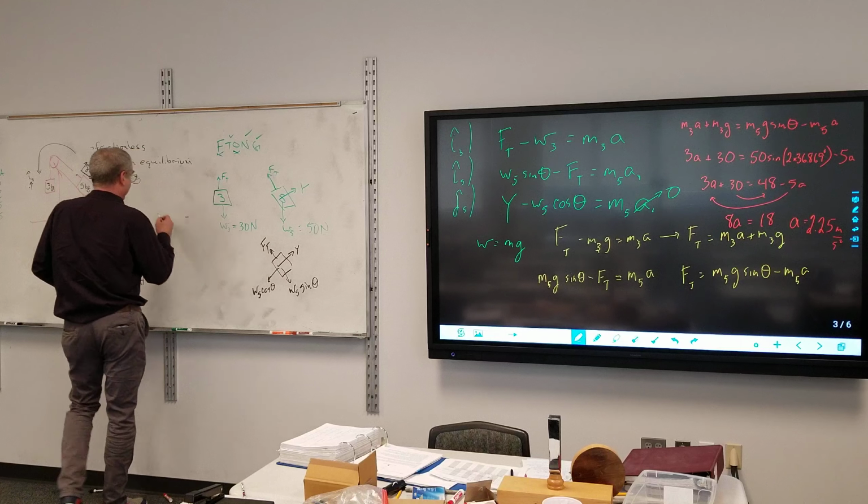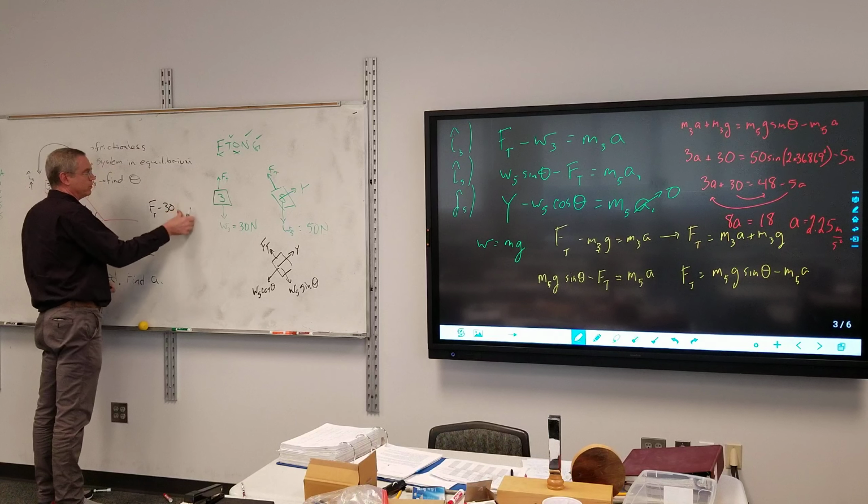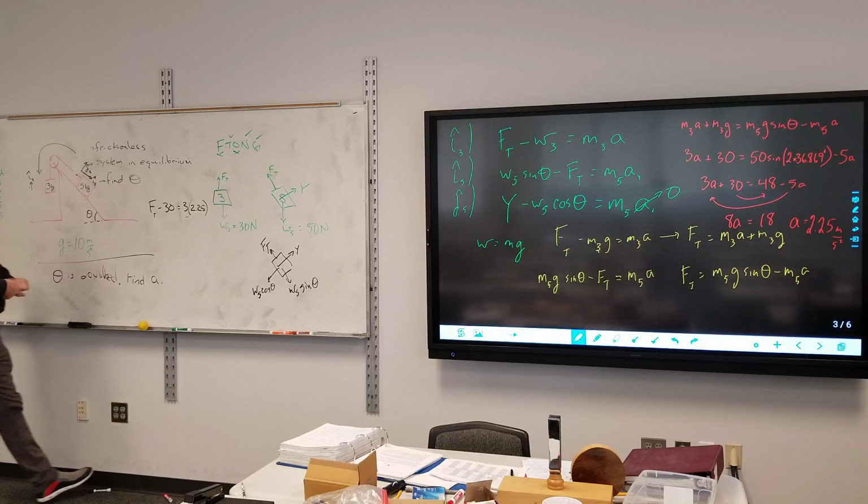All right, so I have tension minus 30 newtons. You know what the units are. Is equal to 3 times 2.25. Tension's not 30 anymore because the acceleration is not 0.